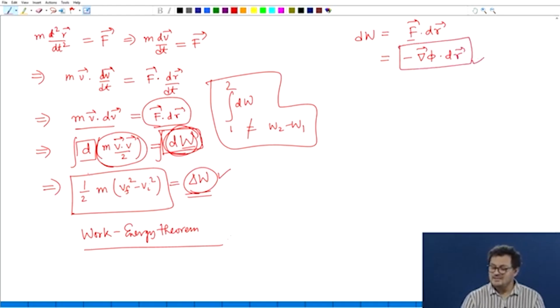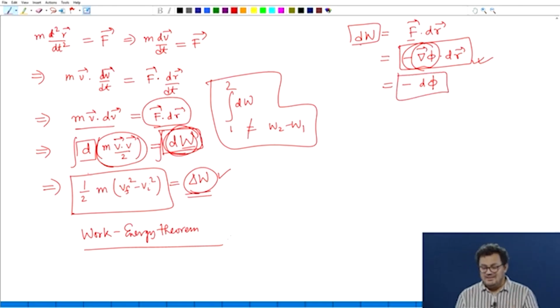I did this calculation some while ago, and this is nothing but minus d phi. So, although in general this is not an exact differential, under the condition where F is minus gradient of phi, your dW is an exact differential. And this is true when your F has 0 curl.